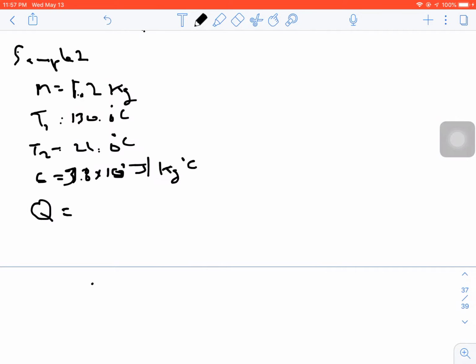It's going to be mc delta T. Notice we're using capital T because it's temperature, not time.